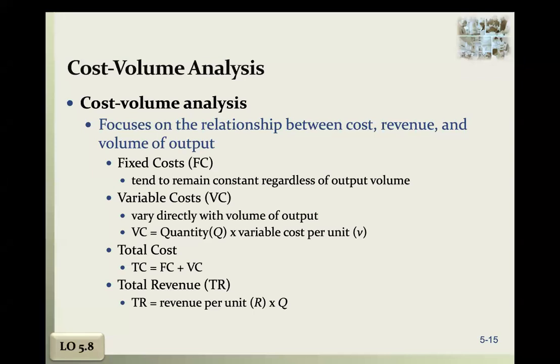Or if you are paying salaries of people, you have to pay them. It doesn't matter if a customer visits or does not visit, your sale is low, your sale is high, you have to pay your employees. So their salaries could be an example of fixed cost.